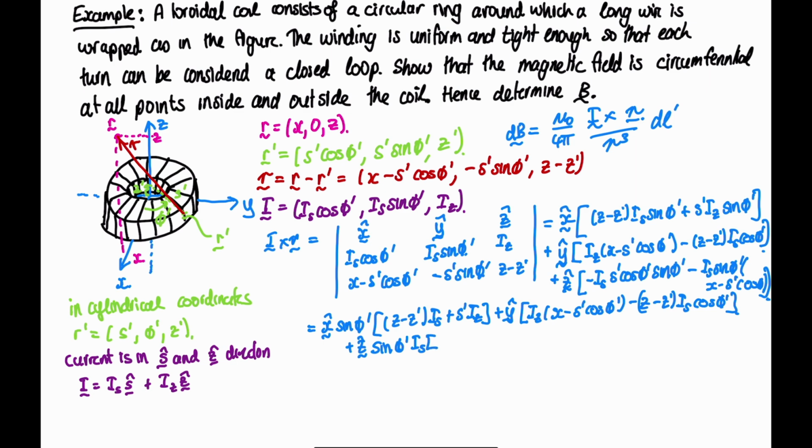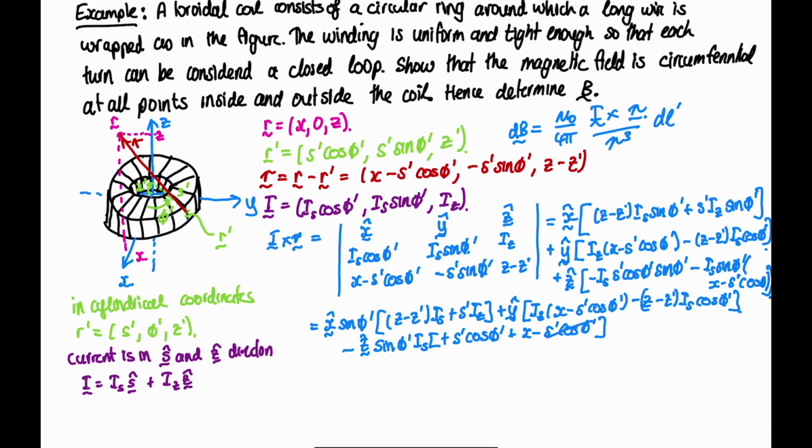And this is minus s prime cos phi prime. Minus, I can pull the minus out the front as well. Let's pull the minus out the front. That'll make everything a bit neater. Let's put that as minus, and then this becomes plus, this becomes plus, and we've got x minus s prime cos phi prime.